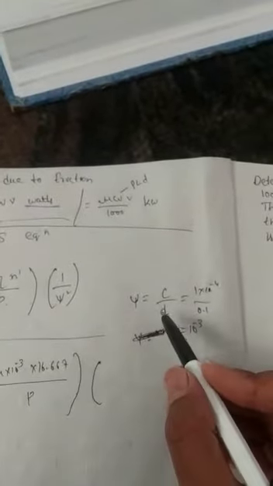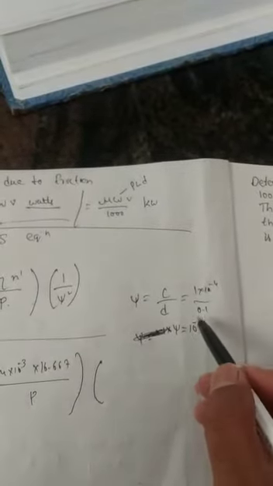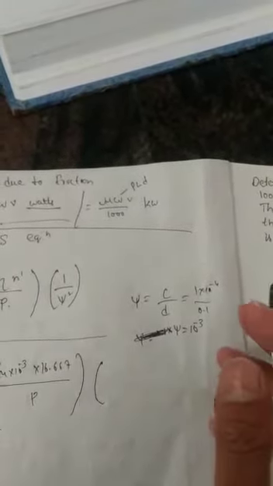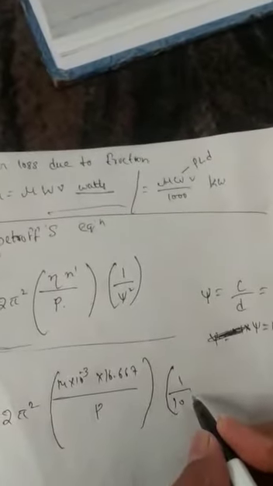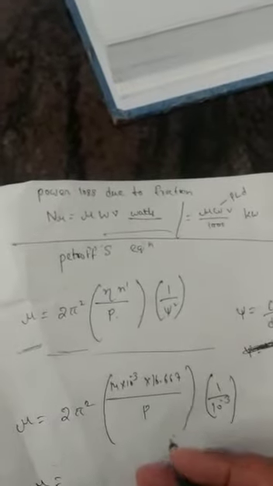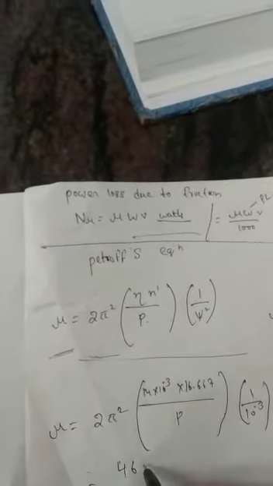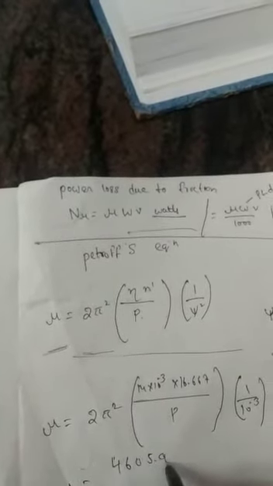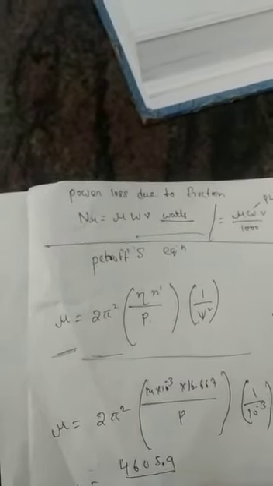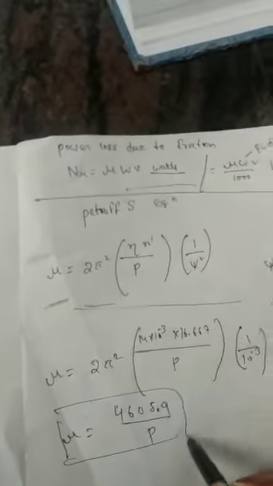What about psi? 1 into 10 power minus 4 divided by 0.1, which gives 10 power minus 3. After the substitution and calculation, you get 4605.9 divided by p. P is still unknown, so we get the value of mu in terms of p only.